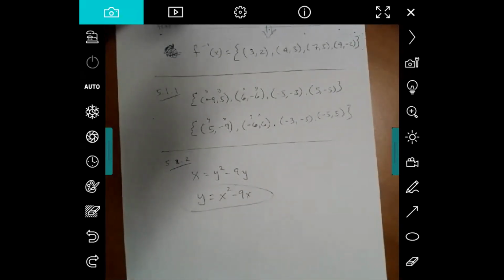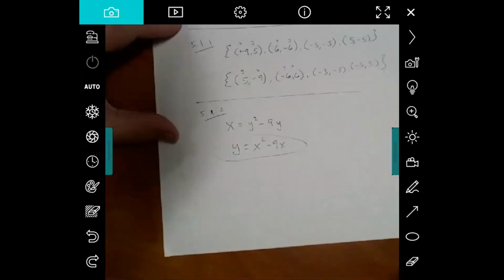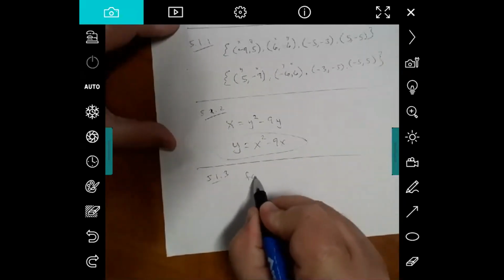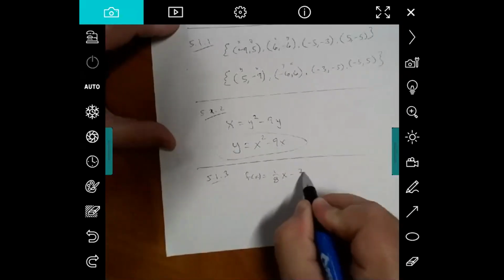Determine whether the following function is one-to-one using the definition of a one-to-one function. Okay, let me write this one down first. f of x equals 1 over 8, x minus 7.